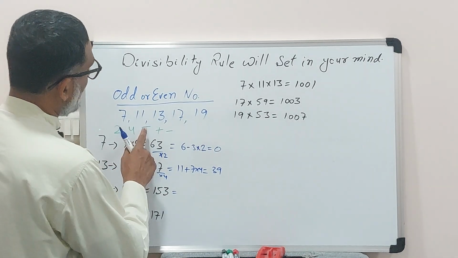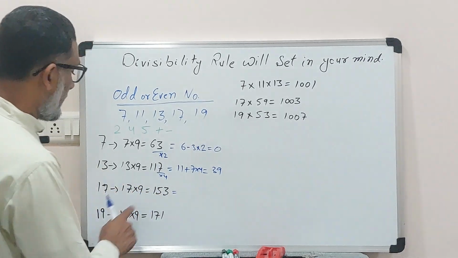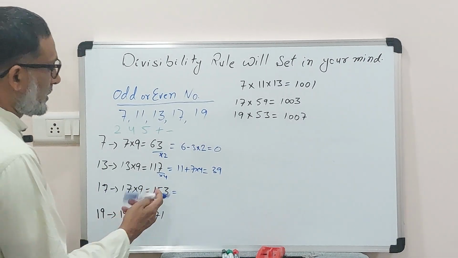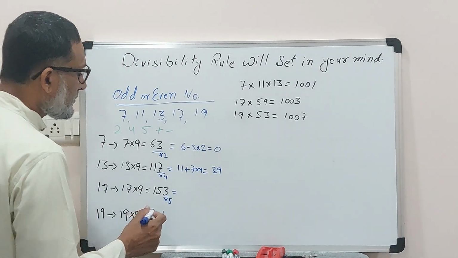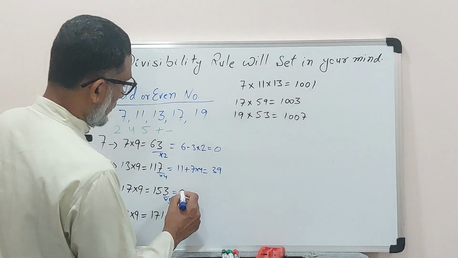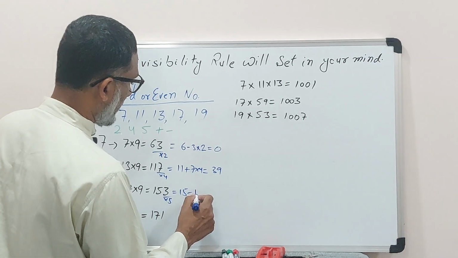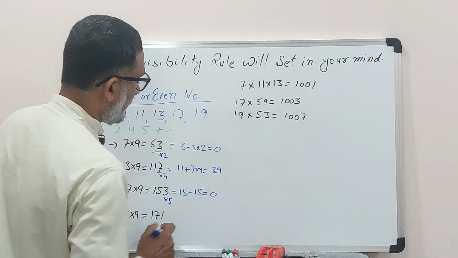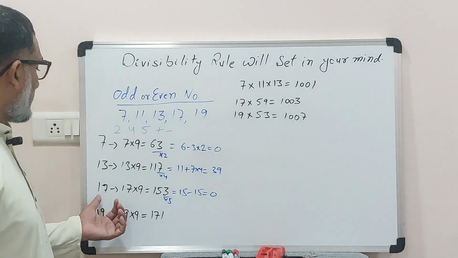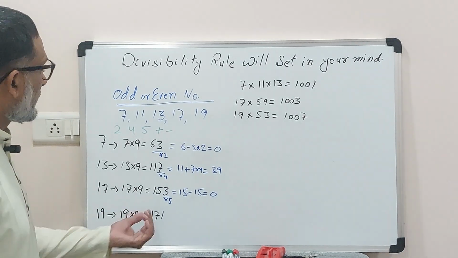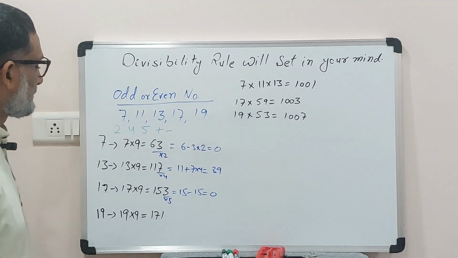So we check with 5: 5 times 3 is 15, and 15 minus 15 is 0, yes. That means we multiply the last digit by 5 and subtract it from the remaining digits. If the result is 0 or a multiple of 17, then the number is divisible by 17. So the 17 rule to recall is to multiply by 5.